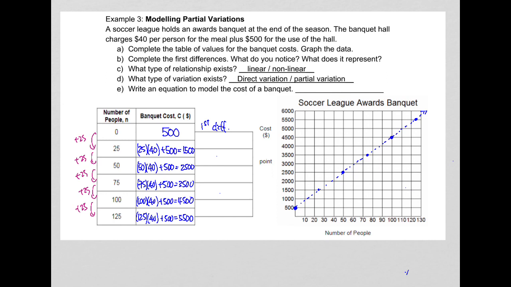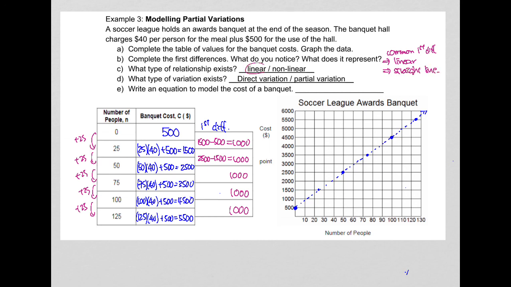So let's look at the dependent variable. 1,500 minus 500, 1,000. 2,500 minus 1,500, 1,000. And 1,000, 1,000, 1,000. So once again, we say there is a common first difference. This means this is a linear relation. It is a straight line.